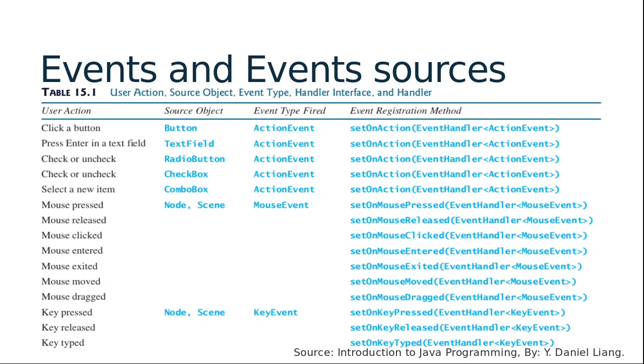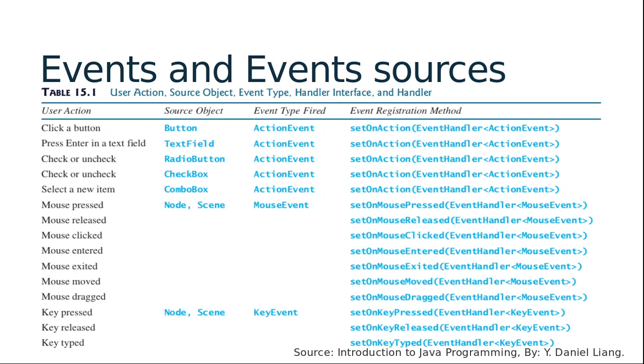Now this is just for your information right now. We will be using all these methods and event objects later in the examples. So if the user clicks a button, then the source object will be the button. The event type will be action event, and to handle those kinds of events, we need to use the set on action method where we pass our event handler.